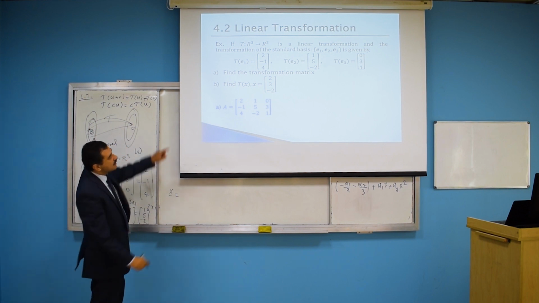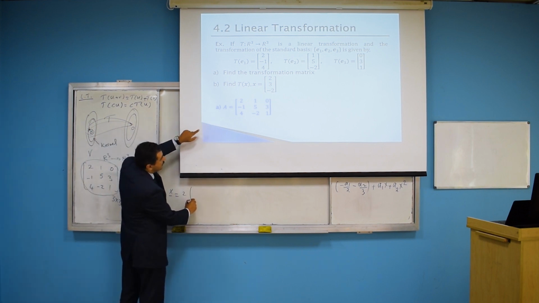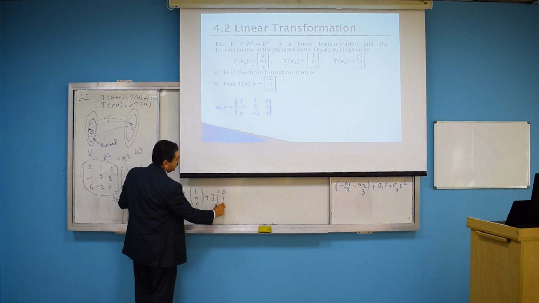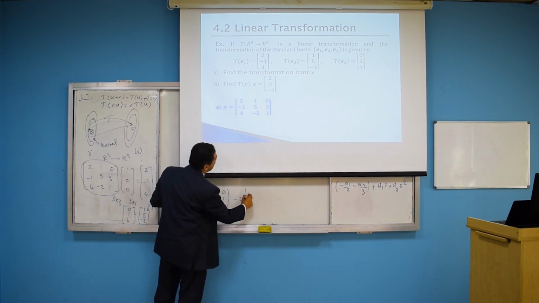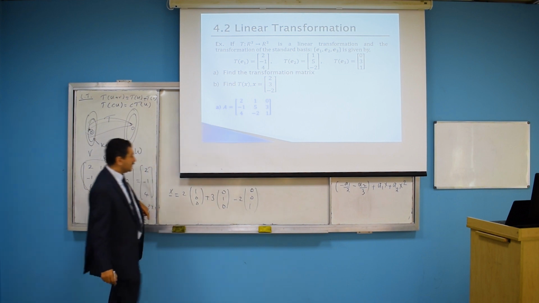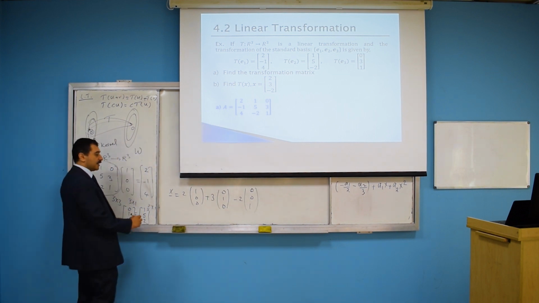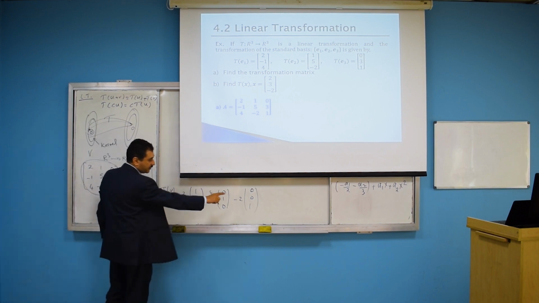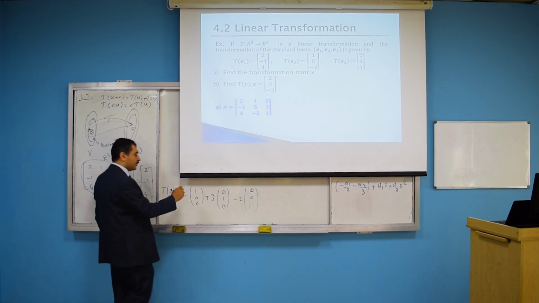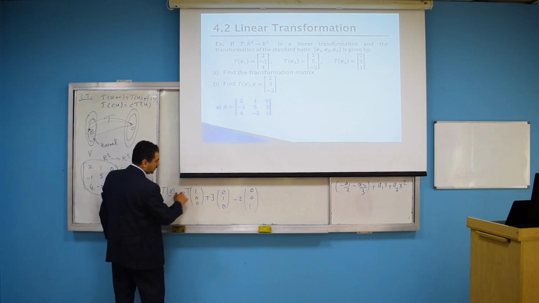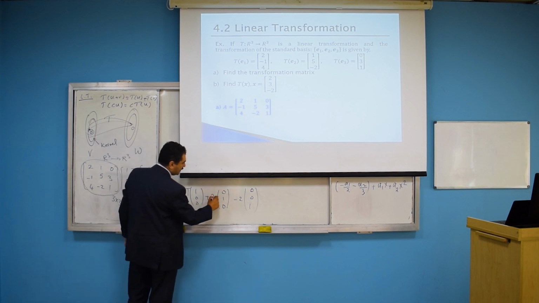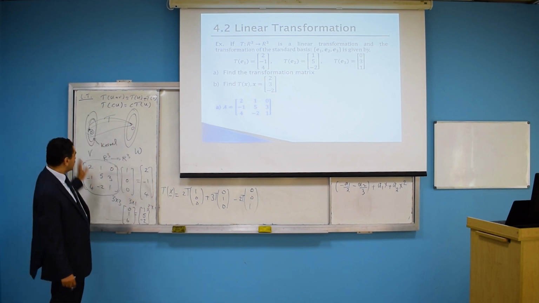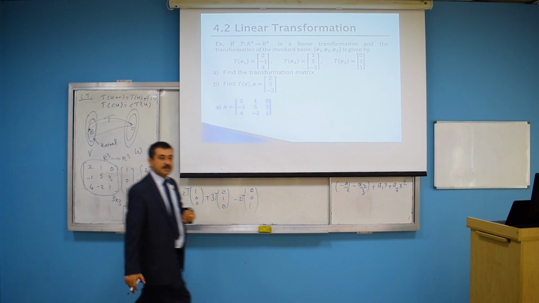So actually x can be written as 2 times 1, 0, 0 plus 3 times 0, 1, 0 minus 2 times 0, 0, 1. And then apply the transformation to both sides. So we'll get the transformation of this guy equal to the transformation of the linear combination. And using the property of the linear combination, you can write 2 times the transformation of this guy, 3 times the transformation, and so on. And these transformations are actually the columns of the matrix A.